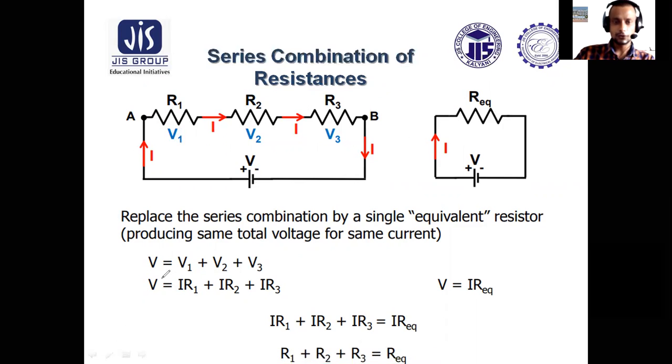So how can we get that? As we know, total voltage V is sum of all the three elements. Now V1 equals I into R1. Current I is flowing through R1. As per Ohm's law, V1 will be equal to I into R1. Similarly, V2 equals IR2, V3 equals IR3. So V equals what? I into R1 plus R2 plus R3.